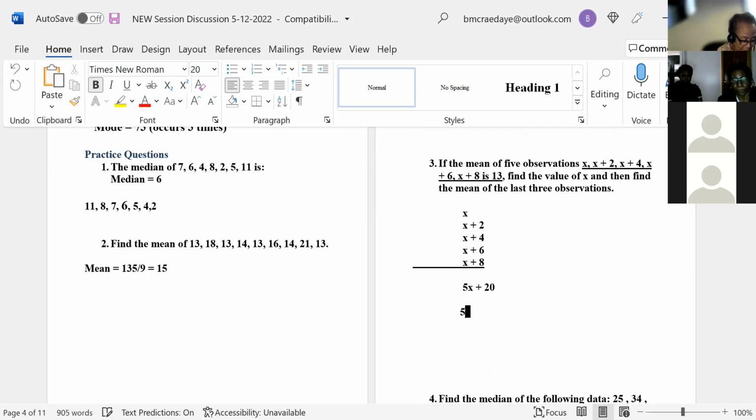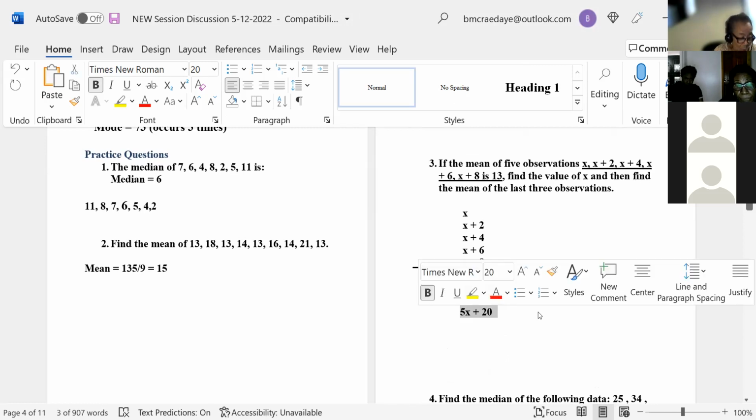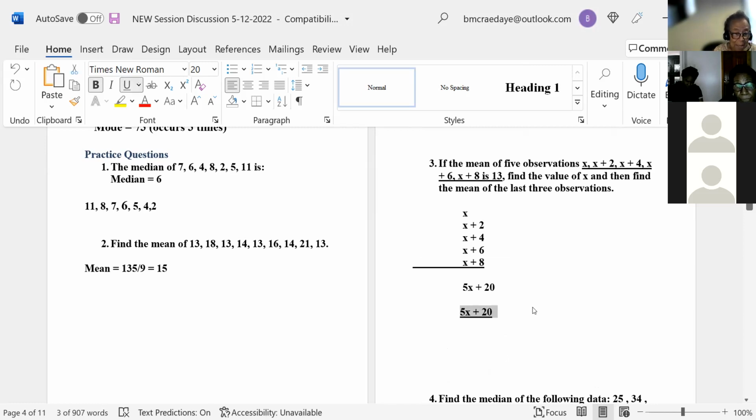So 5x plus 20 divided by 5. Remember, the mean is the total divided by the number of items. And they told you 5 because there are 5 observations. So this is a 5, and set that equal to 13.